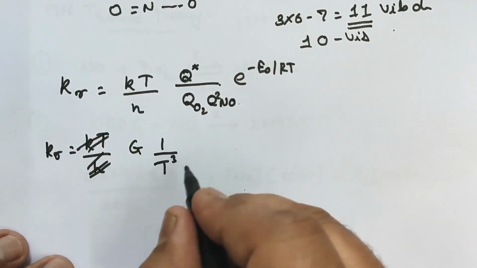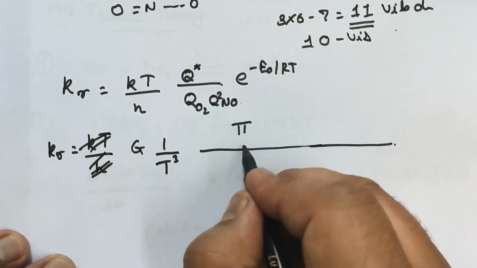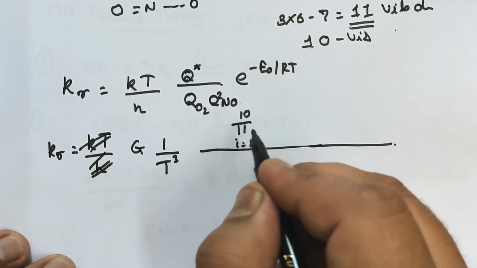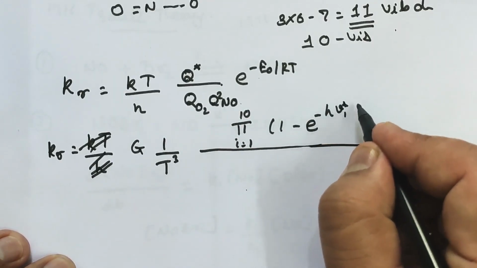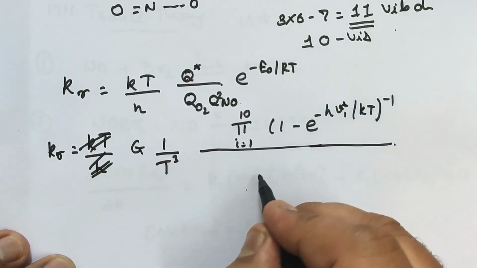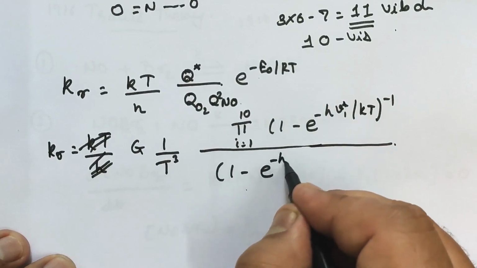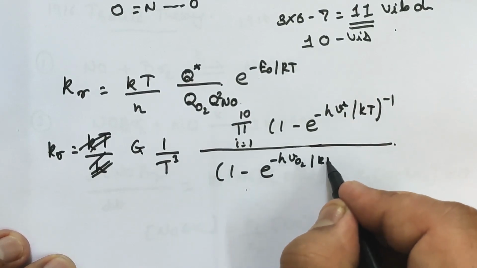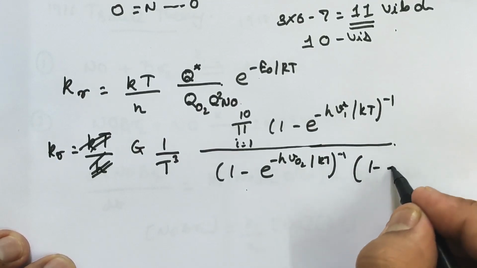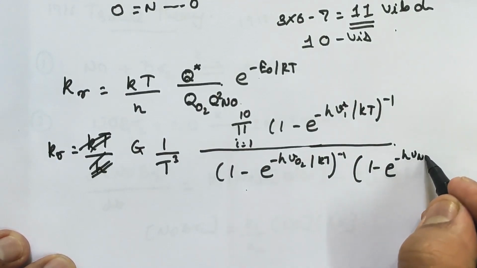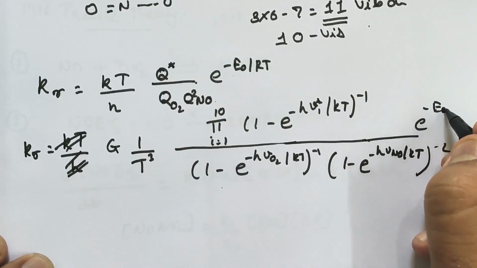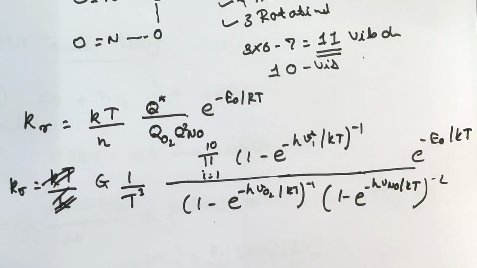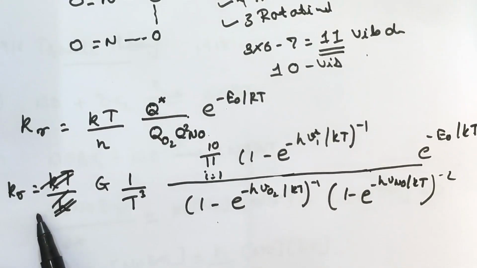I am not writing those expressions as it will be a bit longer. The product over i from 1 to 10, because there are a total of 10 vibrational degrees of freedom, of 1 minus e^(-hνi*/kT), divided by (1 minus e^(-hνO2/kT)) into (1 minus e^(-hνNO/kT))^2, and we have e^(-E0/kT). From this expression we can see that the rate is inversely proportional to the cube of temperature.